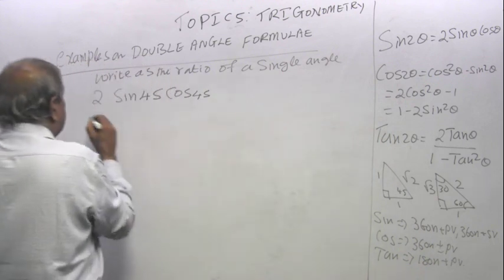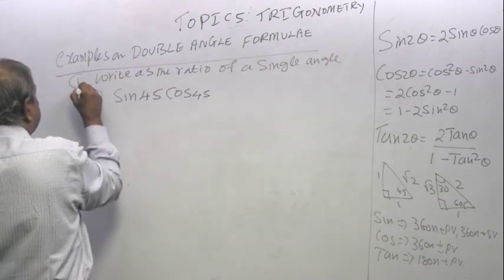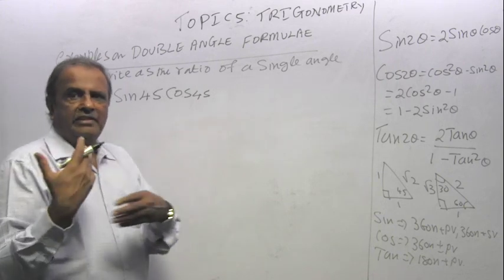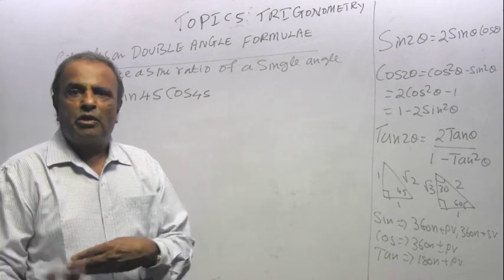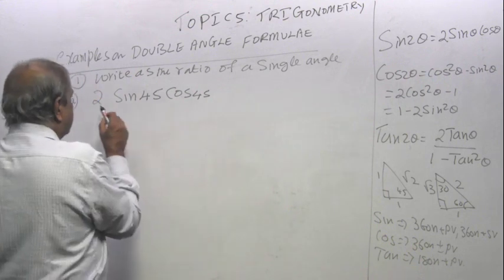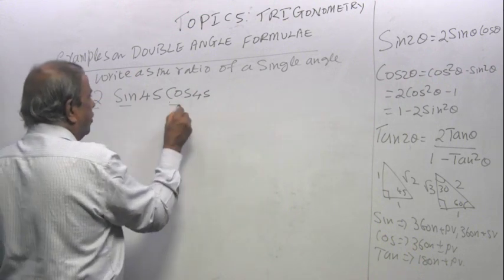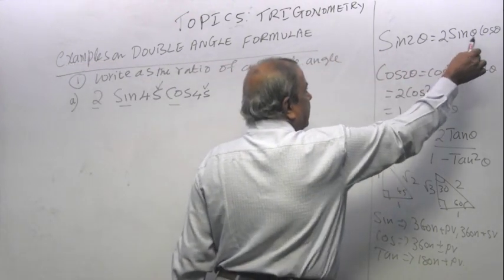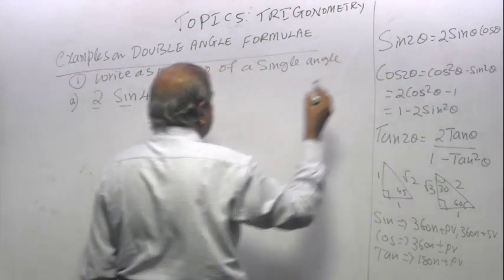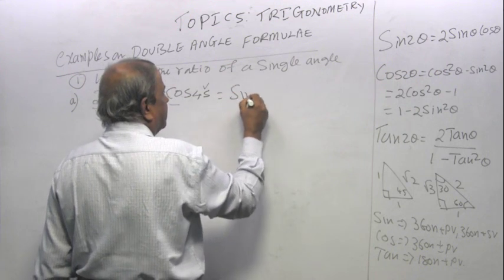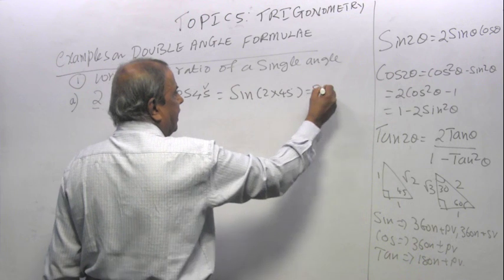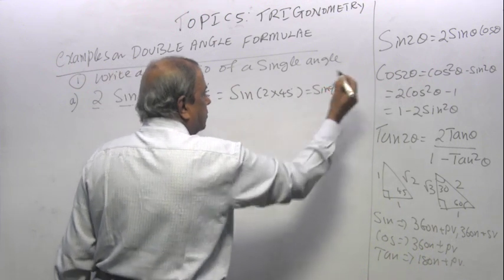Questions like this may not come in the examination, but this is one way of revising the formula. So look, there is a 2, there is a sine, there is a cos, both angles are the same. So I can write this as sine of 2 times 45, which is sine 90, which is equal to 1.